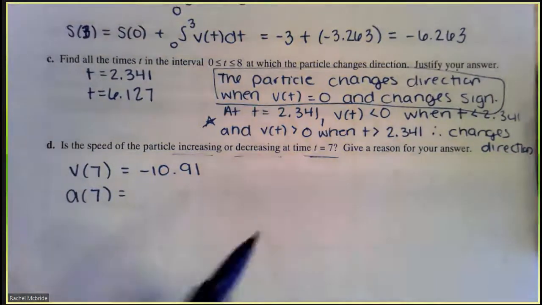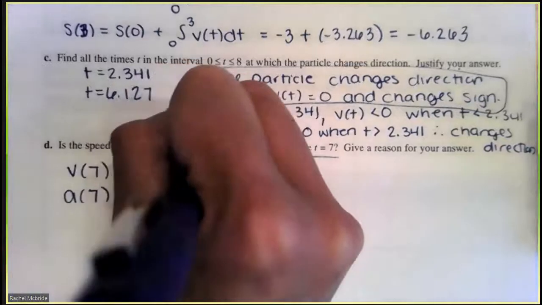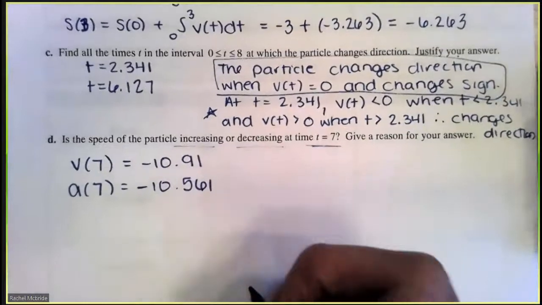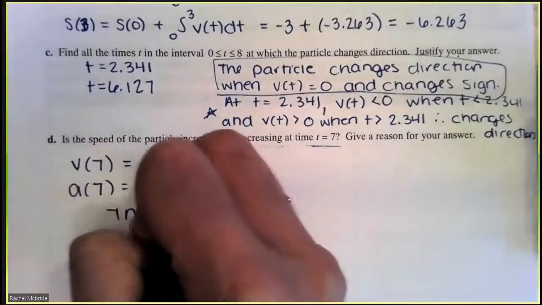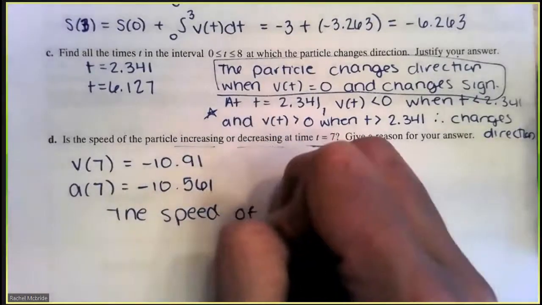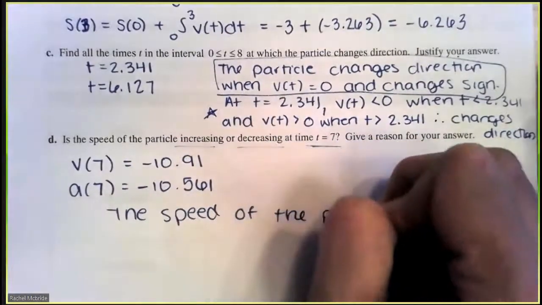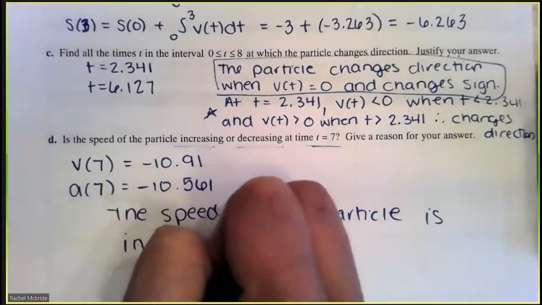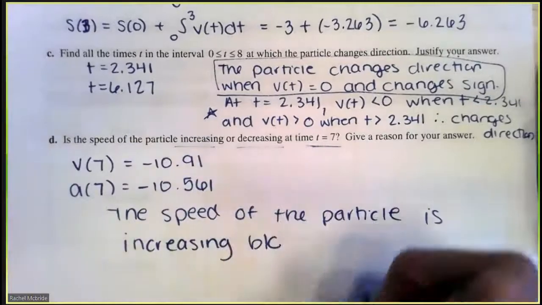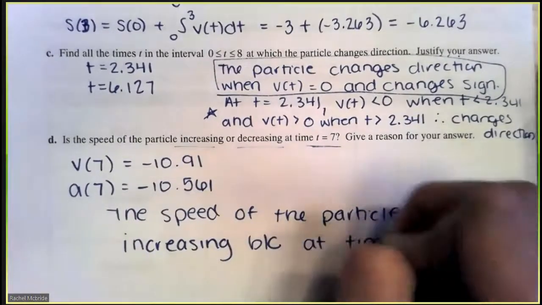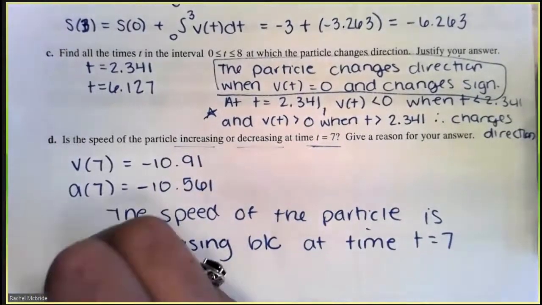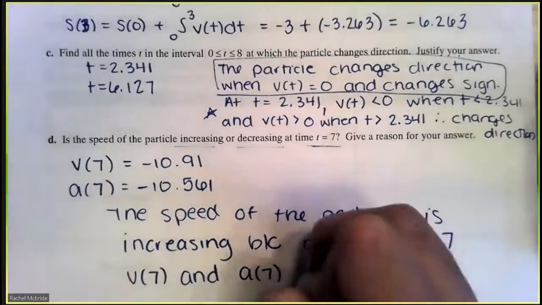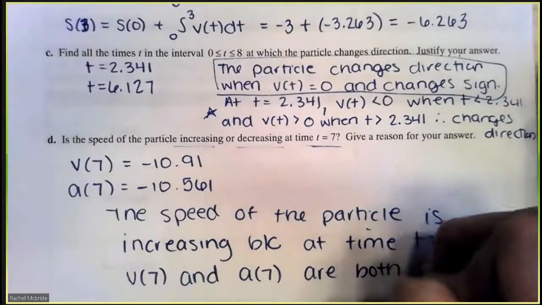I see that the acceleration at 7 is negative 10.561. So my justification is that the speed of the particle is increasing because at time t equals 7, v of 7 and a of 7 are both negative.